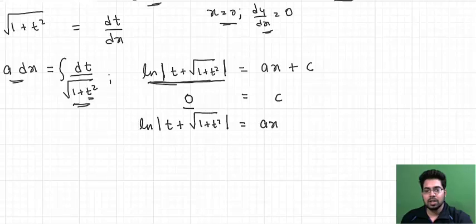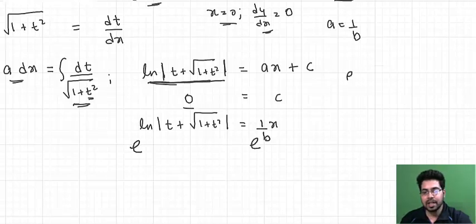Okay. Now, just for convenience, I will replace a with 1 by b. It is not going to make any difference. So let me erase this a and write it as 1 by b. Now let's take the exponential, raise this to the power e on both sides.